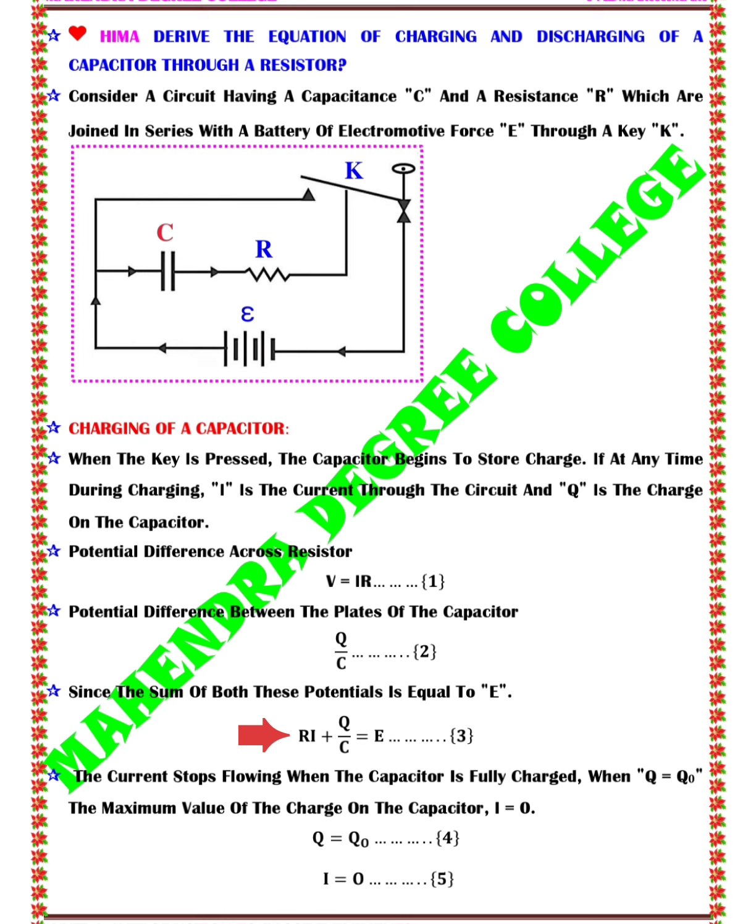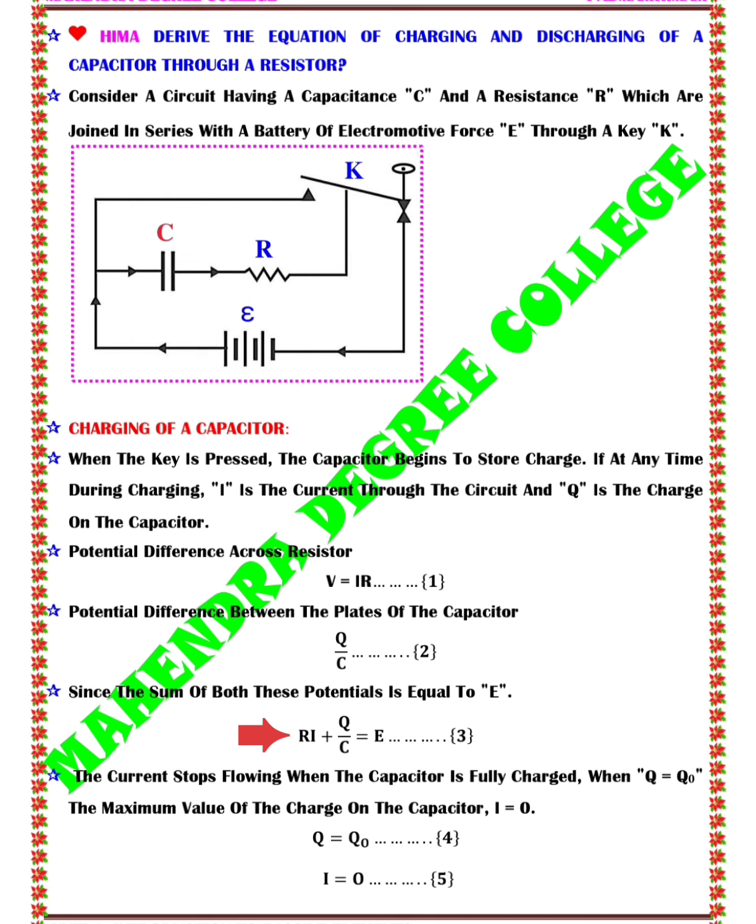This equation represents the loop rule from Kirchhoff's laws for a simple RC circuit, meaning a resistor and capacitor in series with a voltage source, where Ri is the voltage drop across the resistor, R is resistance, I is current, Q by C is the voltage across the capacitor, where Q is the charge on the capacitor and C is the capacitance, and E is the electromotive force or supplied voltage in the circuit.